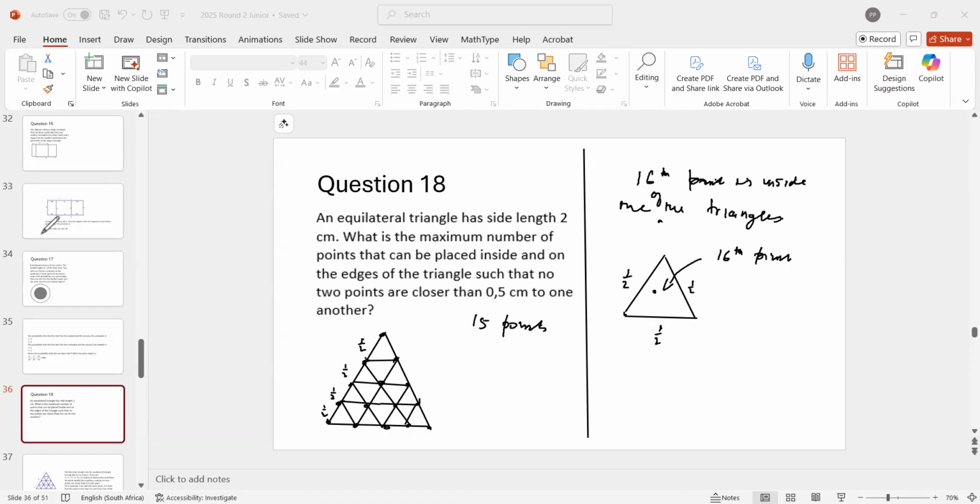Okay. And how do we do that? You see, if I join this to these 3 points, you can see all 3 of them are obtuse angles. But it need not be like that. It could have been like that and like that. It could have been one acute and 2 obtuse.